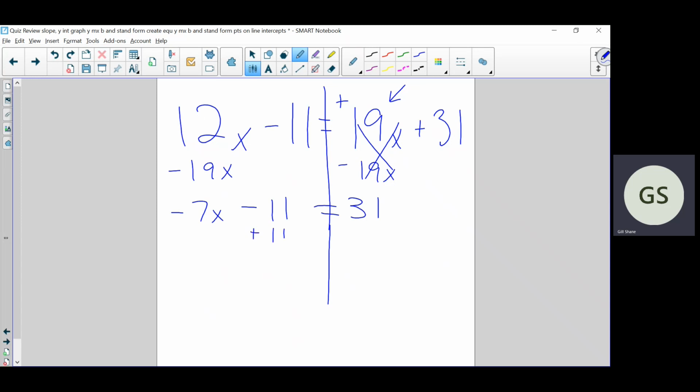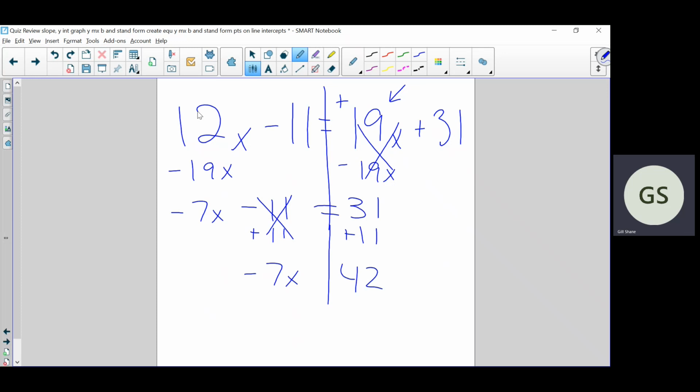And again, the steps for solving two-step equations are at the top of your pink sheet. Start with the constant on the same side as the variable. At the top, it tells you these steps if you don't remember. So that's going to give me 42. I just bring down the negative 7x, and the 11 goes away, which is what I wanted. I wanted to get rid of it.